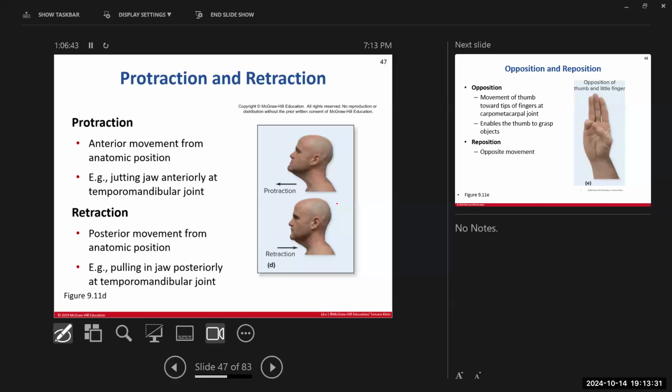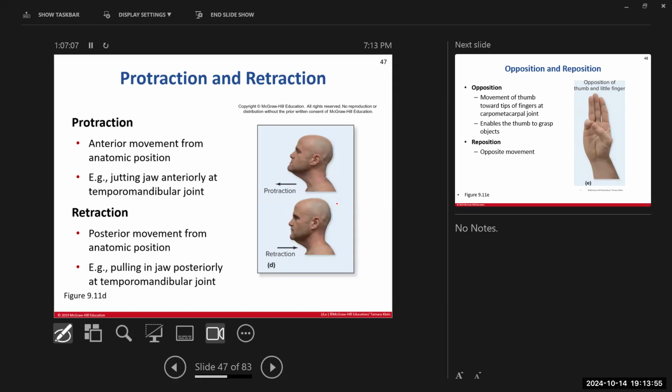The next are going to be protraction and retraction. And again, you can just look at the picture there. Keep in mind when we're discussing the definitions here, protraction is the anterior movement from an anatomical position. So you're going to move, in this case, the jaw forward. You can do the same thing with the head, protract the head, retract the head.